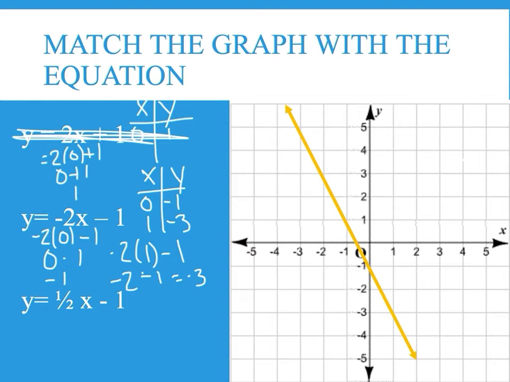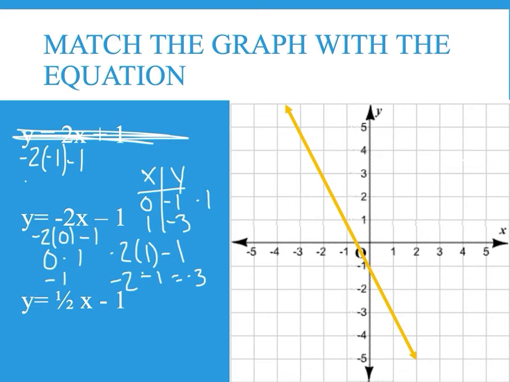It's always good to check 3 points just to make sure. So I'm going to erase some things here, give us some more room. Alright, so let's do our last one up here. Let's check negative 1. So negative 2 times negative 1 minus 1.